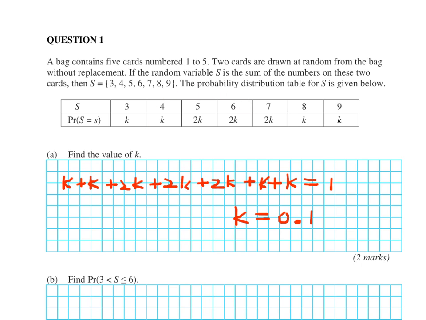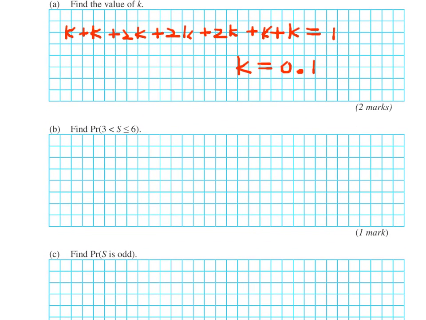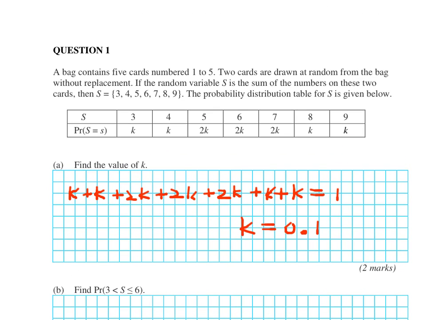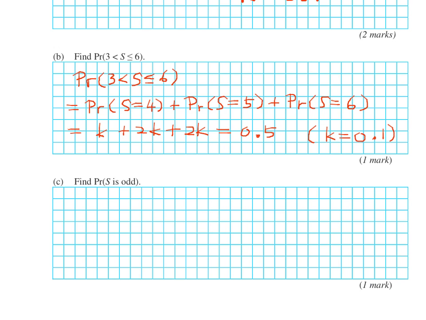And the next one is when s is odd. If you return to here, odd means we're talking about when s is 3, 5, 7, and 9. So again the probability of s equals 4, 5, 6, sum this up, and it's 0.5 because k is 0.1.